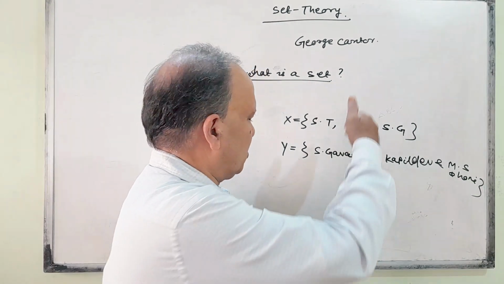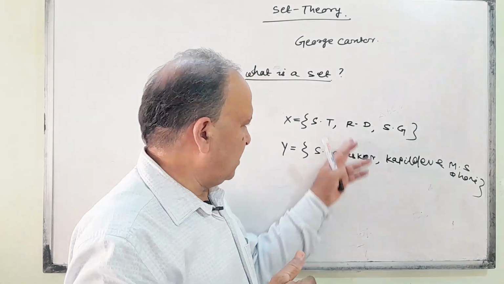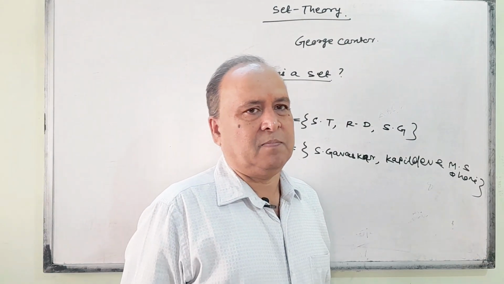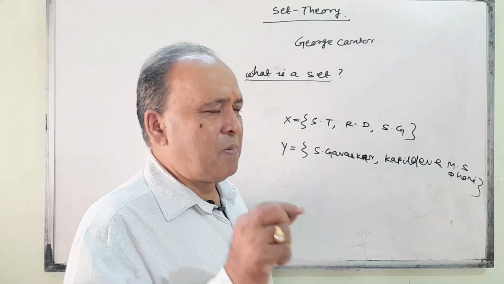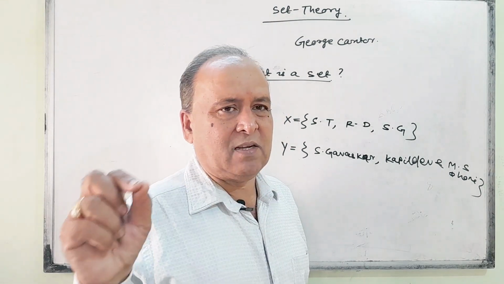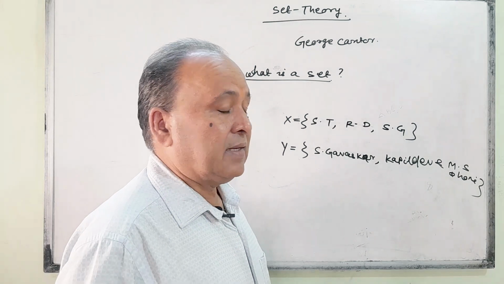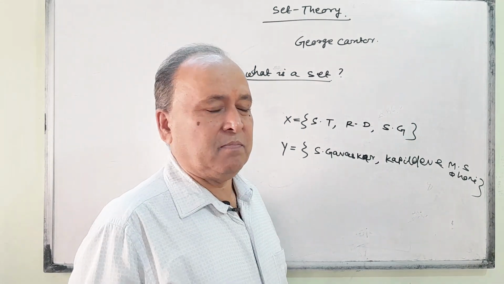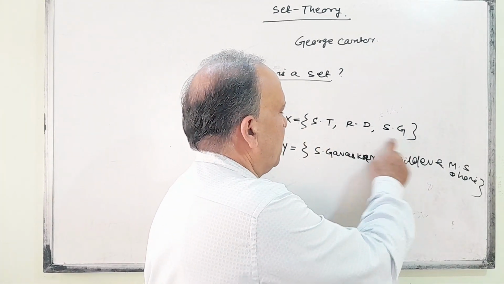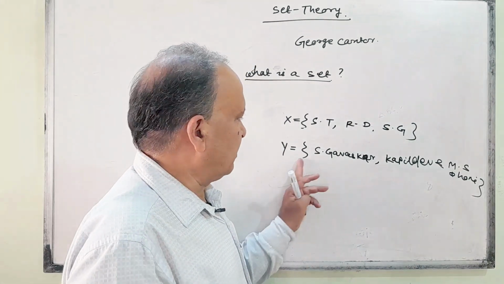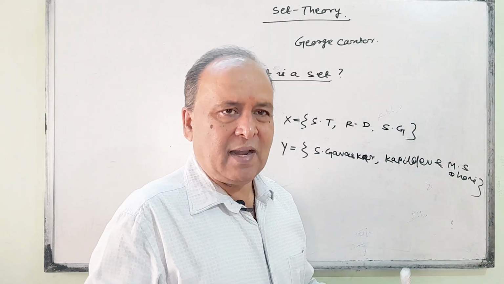That means this answer varies from person to person. The 3 best cricketers of India is not well defined, because these 3 are best for X and these 3 are best for Y, and so on.